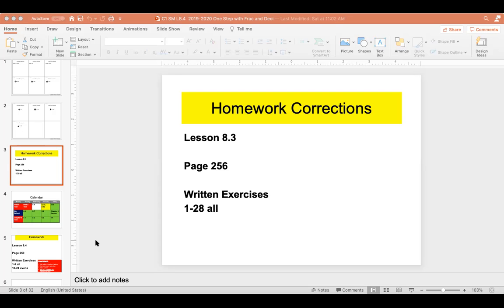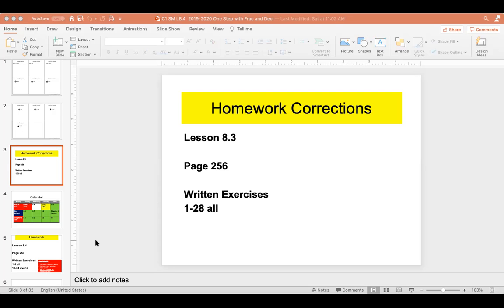Number 10, n equals 60. Number 11, n equals 28. Number 12, n equals 11. Apparently, I like the variable n. Number 13, n equals 5. Number 14, n equals 72. Number 15, n equals 10.